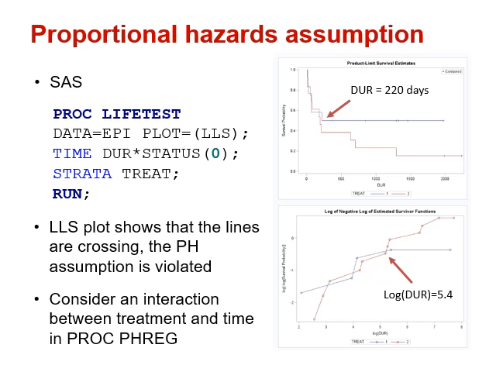And at the bottom right of the slide, you see the LLS plot, which shows that the lines are crossing, suggesting that the proportional hazard assumption is violated. There are ways to address this. For example, if the sample size had been larger, we could have included an interaction between treatment and time in PROC PHREG.